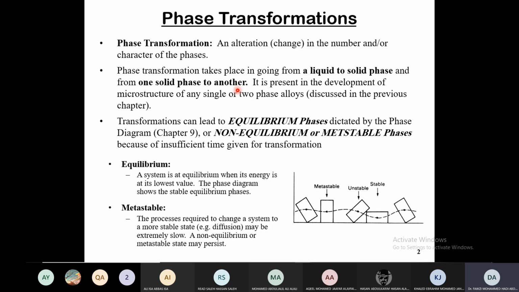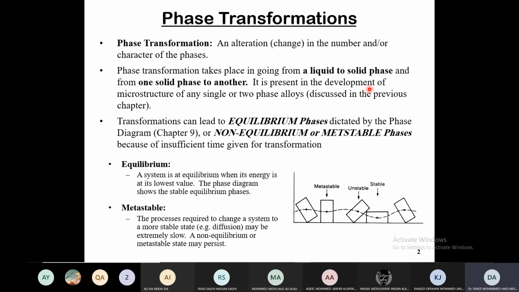We can go from the liquid at the eutectic point, for example, from liquid to two solids, and you can go from one solid to two solids as well, as we have done in the iron carbide phase diagram, going from the gamma austenite phase to, for example, alpha plus cementite, two solid phases.